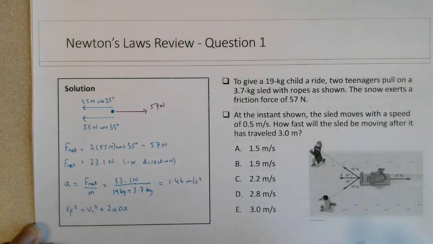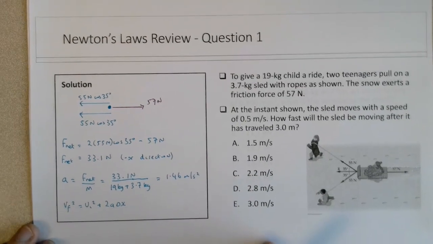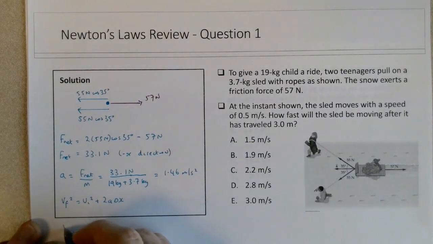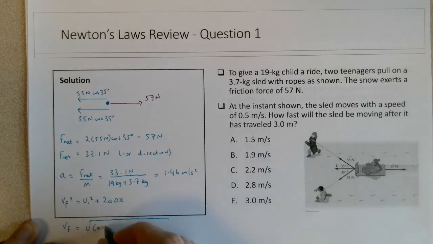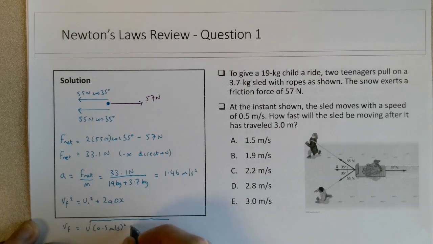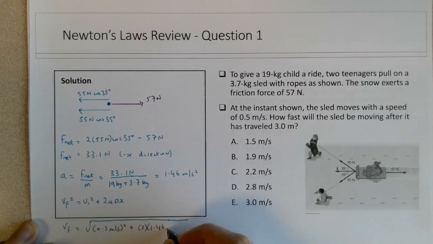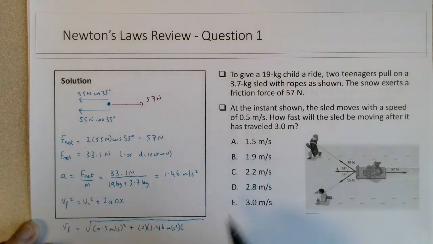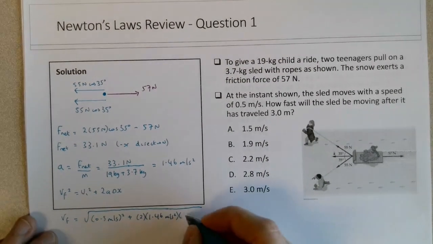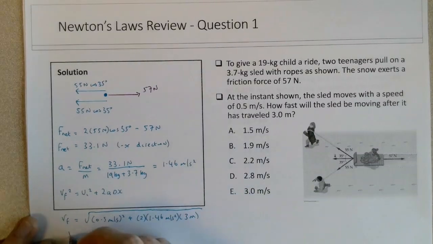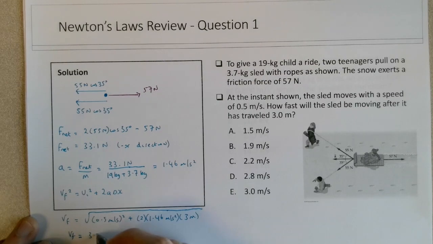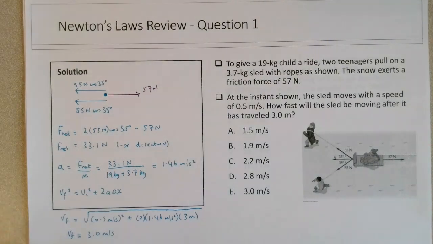And assuming everything to the left is positive, just so I can keep with positive numbers, my final speed would be the initial speed of 0.5 meters per second squared plus 2 times the acceleration of 1.46 meters per second squared times the distance, again converting all of these numbers from negatives to positives so I can make things a little easier to do. The final velocity here would be 3 meters per second.